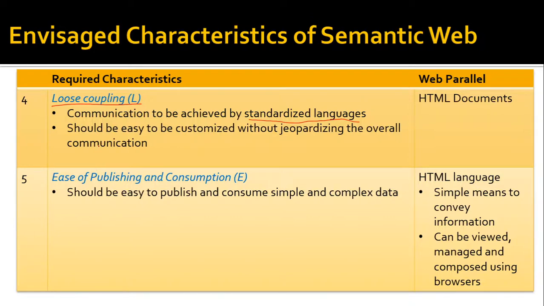So we should facilitate them to customize the description, or customize the language, with the expectation that this will not really affect the overall communication, right? So this is what we call loose coupling.